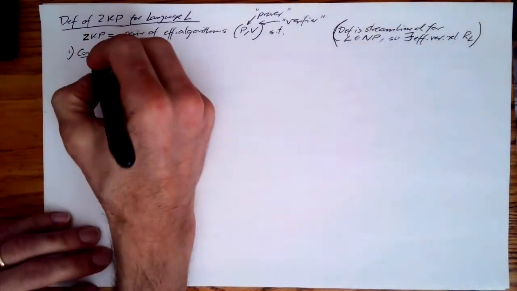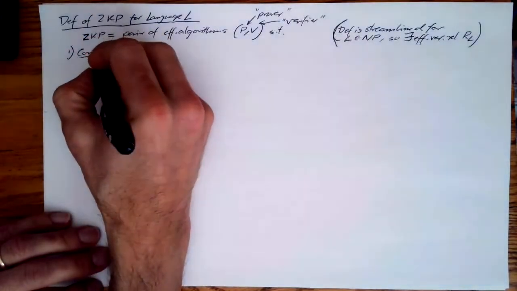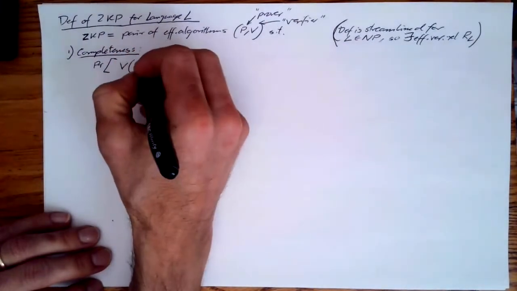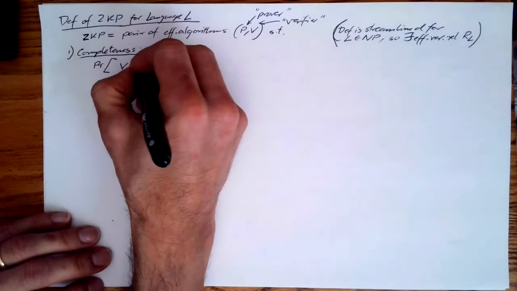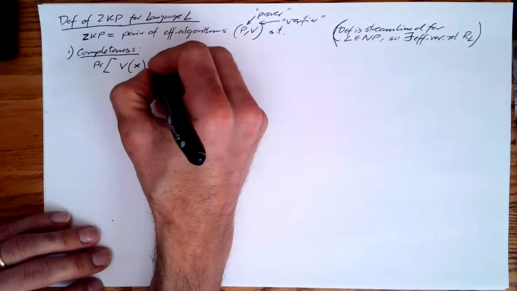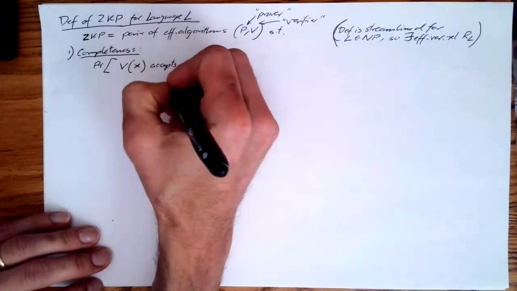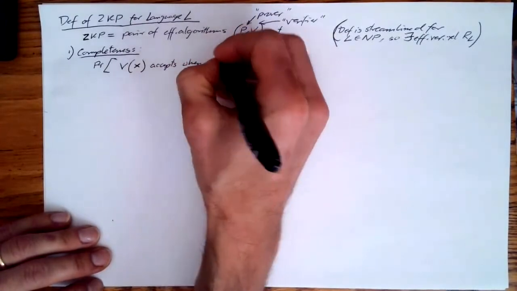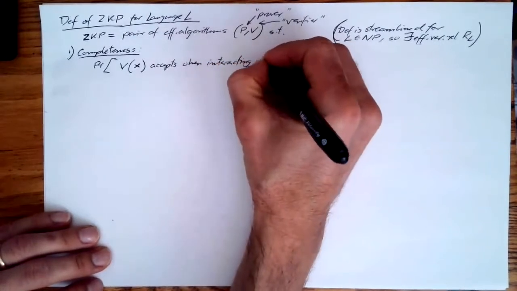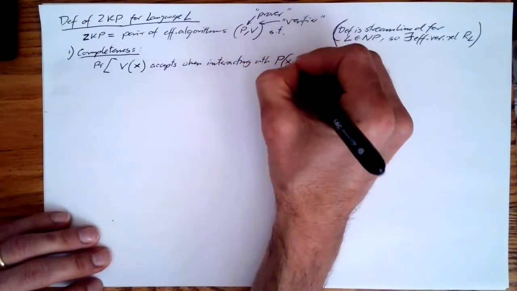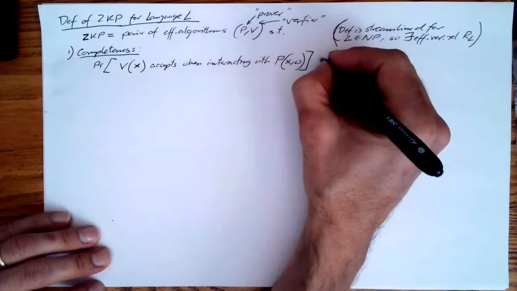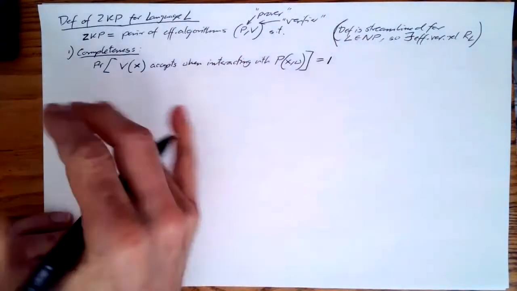In completeness, we ask that the probability that the verifier algorithm, who runs on input a statement, accepts when interacting with the prover who has both X and a W is 1, so that it always goes through.